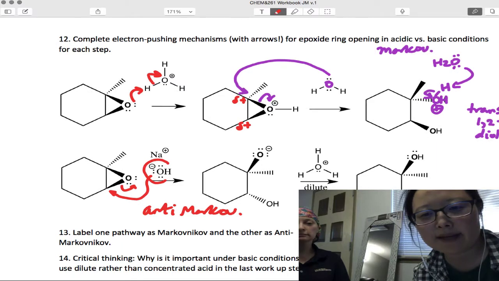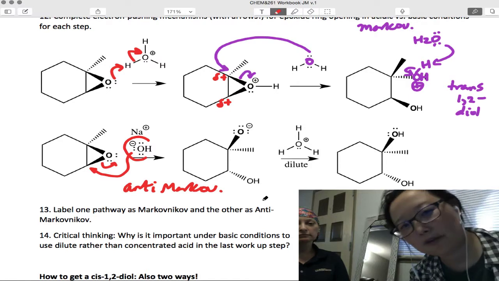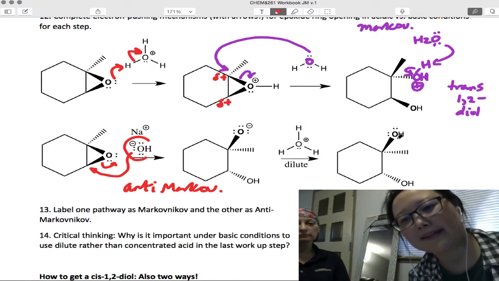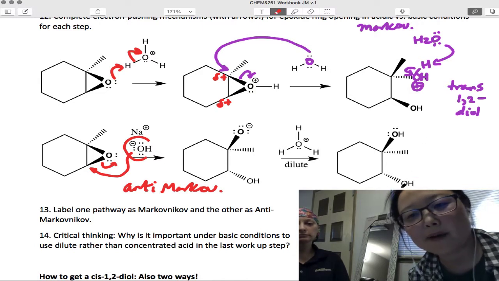You'll learn more about that next quarter, but just FYI, 2 different pathways depending on acid or base, giving you 2 possibly different products. In our case, they're both OH groups, so you can't really tell the difference. But if you had an alcohol instead, so you might have an R group here, or maybe an oxygen 18 labeled compound, in any case, they're slightly different.